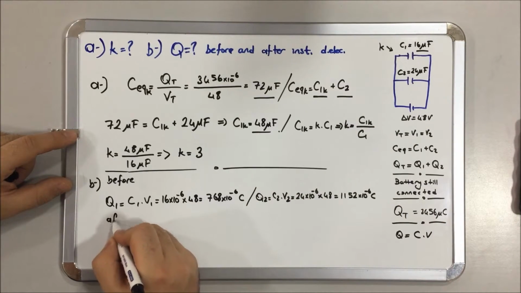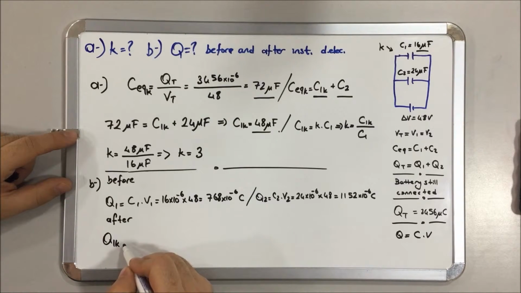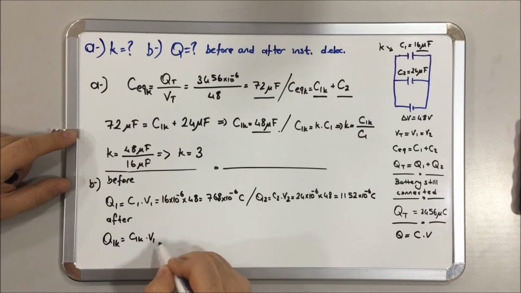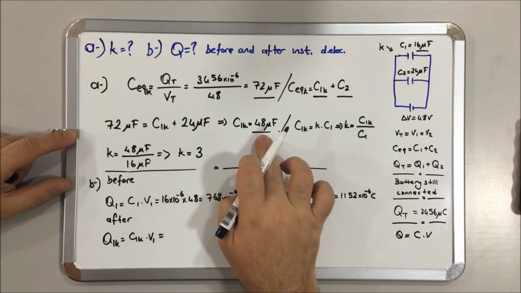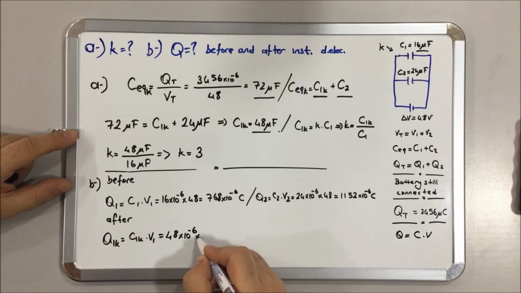And after inserting dielectric, Q1K, because we insert a dielectric just into C1, it will be C1K times V1, or we can write it V1K. It's equal to, what's the C1K? We calculated it as 48 microfarad. That means 48 times 10 to the power of minus 6 times V1.